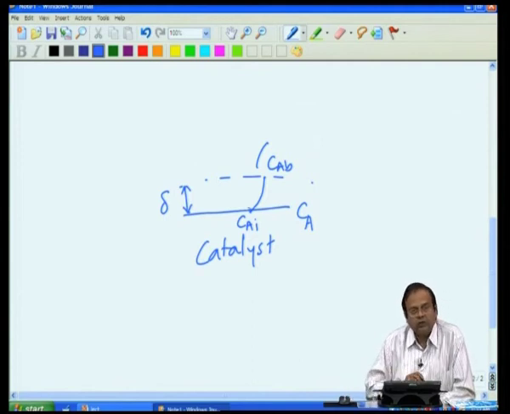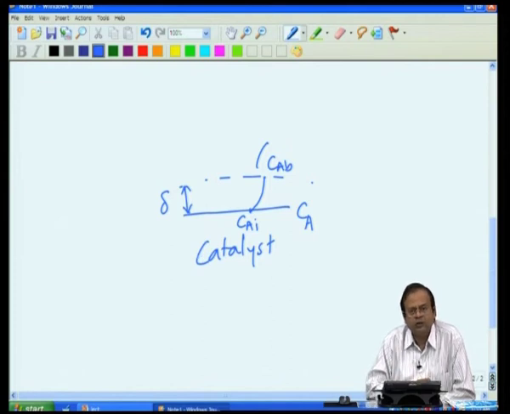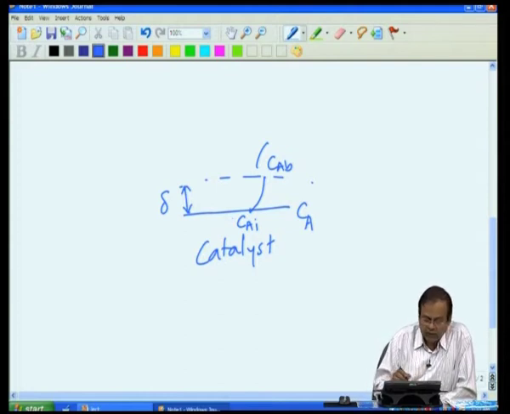Now let us try looking at what is happening on the surface. Right now we will say that the reaction is taking place only on the surface, because we have not brought in the internal diffusion yet. So, let us say that the reaction is taking place on this surface, and it is a first order reaction.